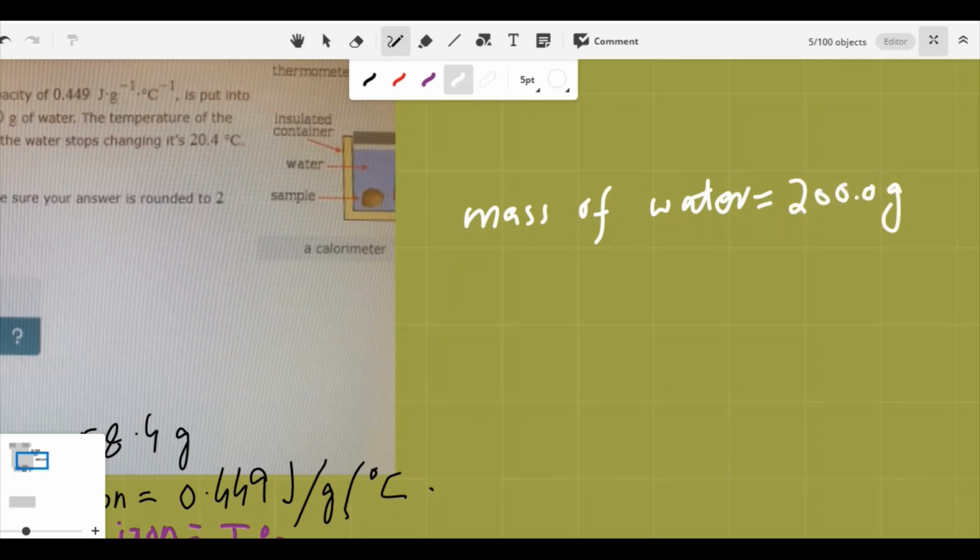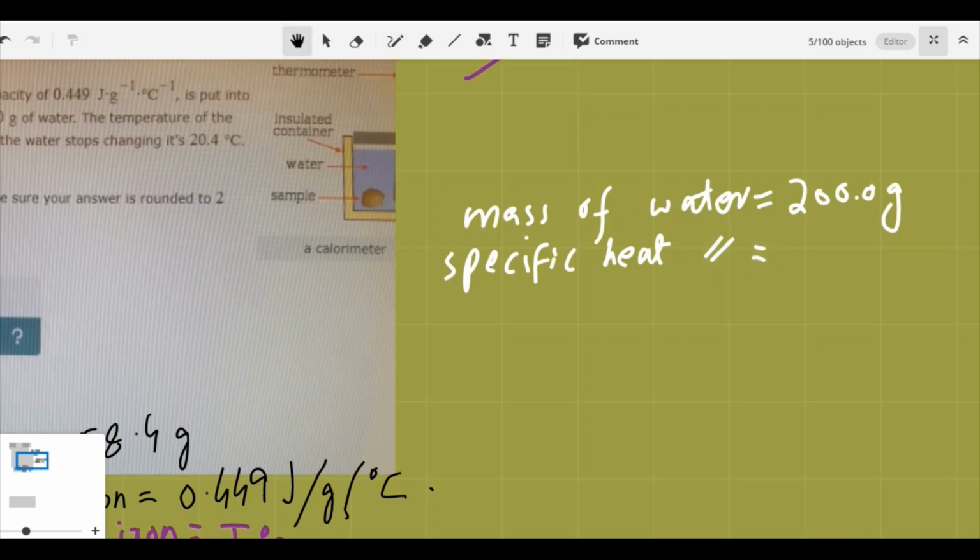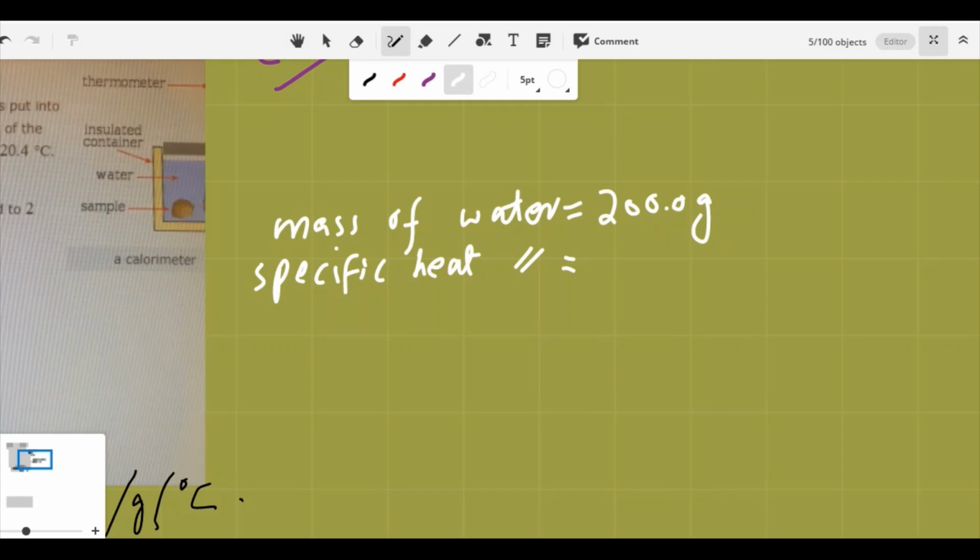Now the next one, the specific heat capacity of water. As we know, the specific heat of water is equal to 4.184. You have to remember for water, that is 4.184 joule per gram per degree Celsius.